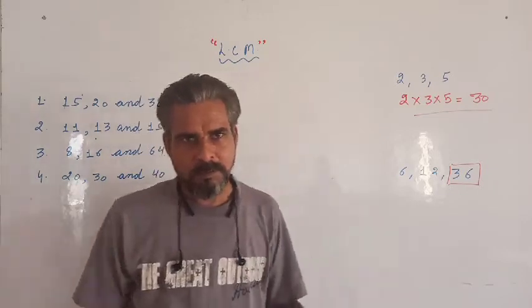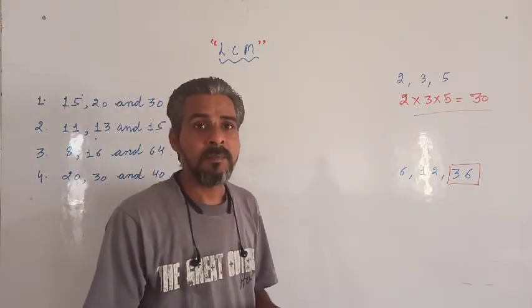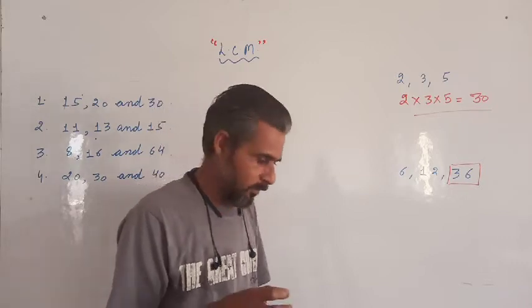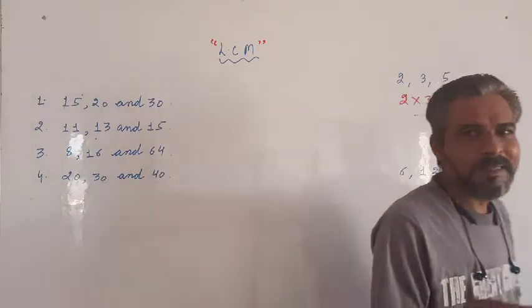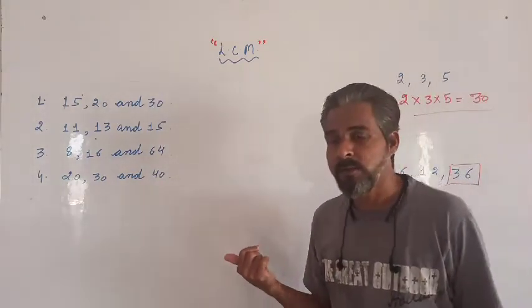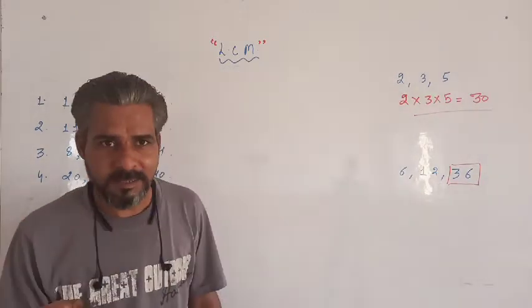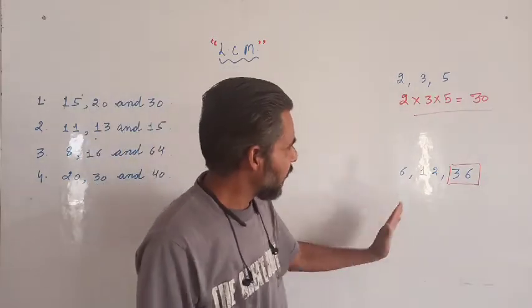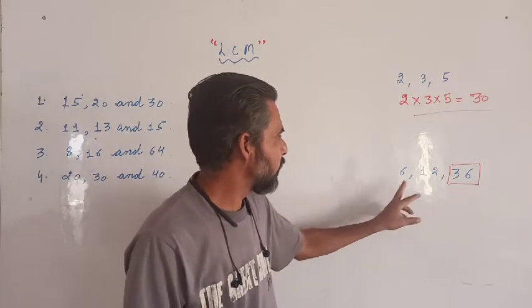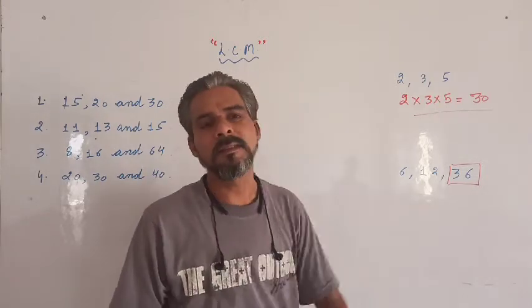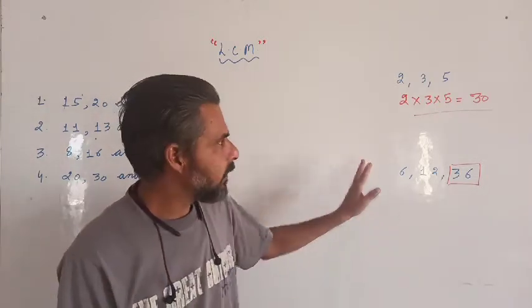If we are adding fractions or subtracting fractions, in those cases we are supposed to find the LCM, then we can see directly. If 36 is coming in the table of 6 and 12, we can say that 36 is the LCM. So these are the tricks for when we are solving complex questions.